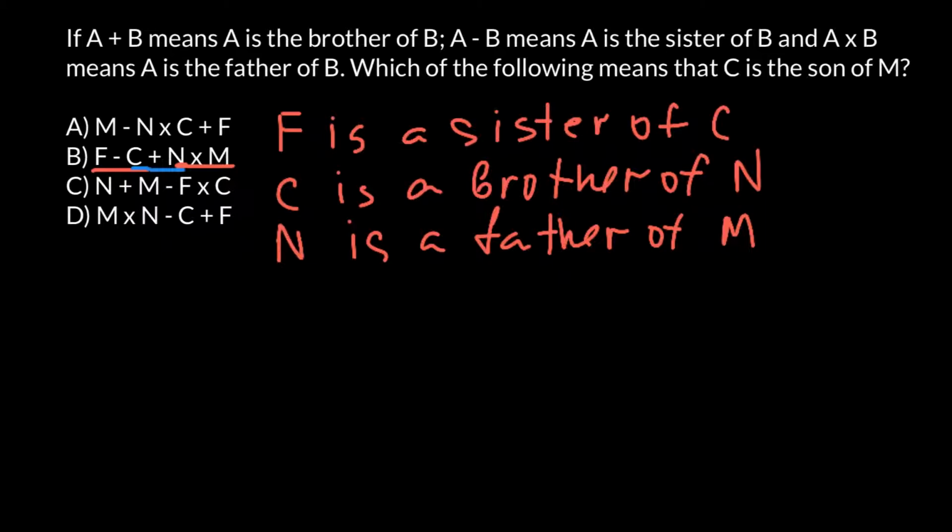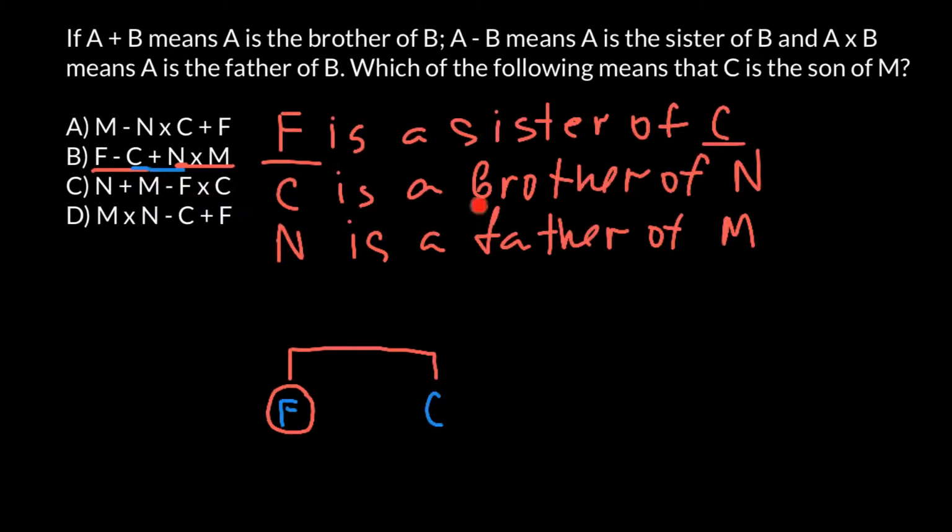Now let's build a pedigree of this family. What we know is that F is a sister of C. So F is a sister: circle, and let's put F inside. She is a sister of C, so let's connect F and C. And what is the sex of C?